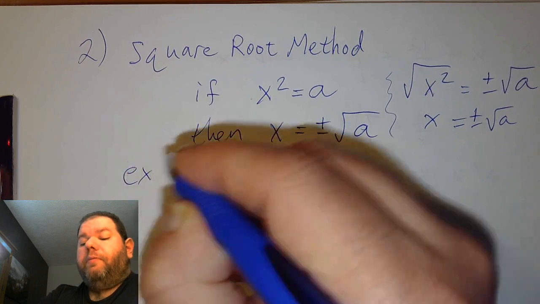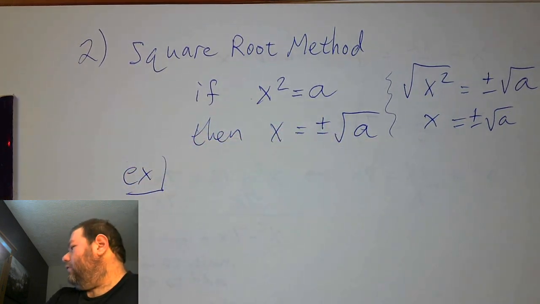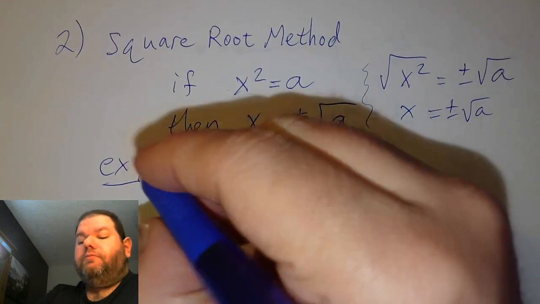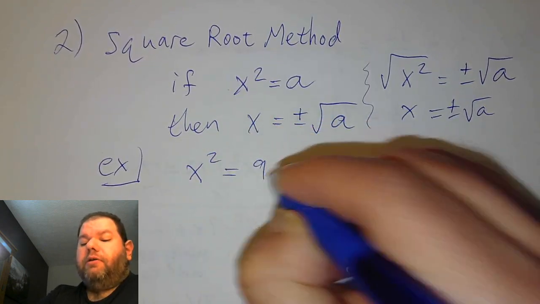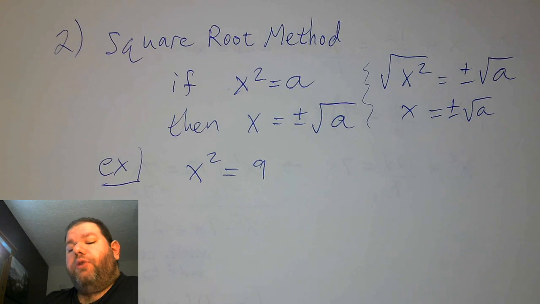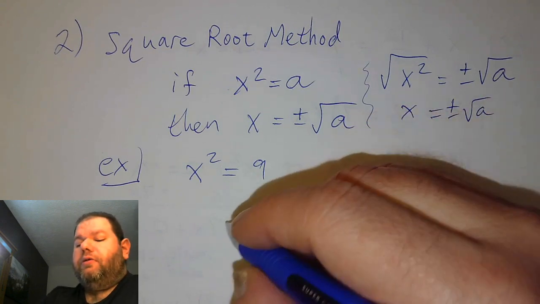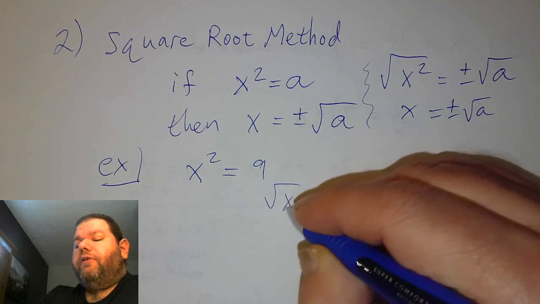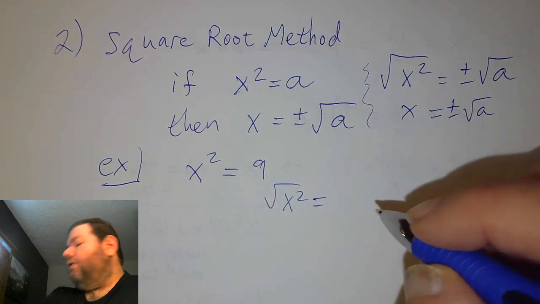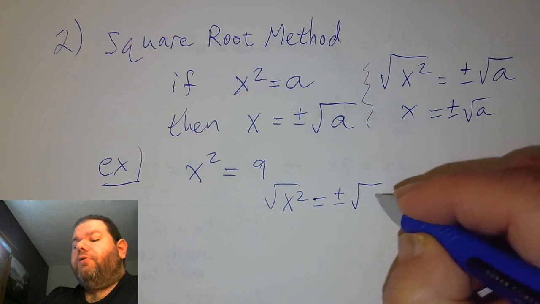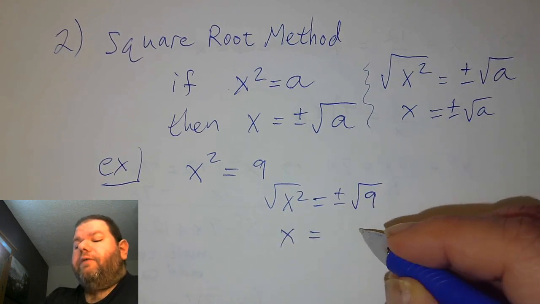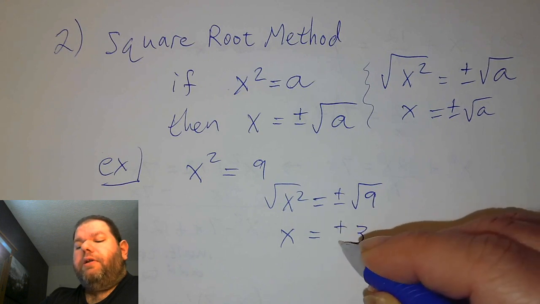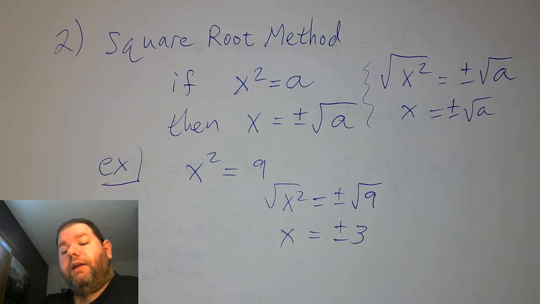For example, if we have x squared equals 9, we know we can take the square root of both sides of that equation. So square root of x squared equals plus or minus the square root of 9, which is just 3. So we get x on the left and 3 on the right, but it could be a positive or a negative 3.